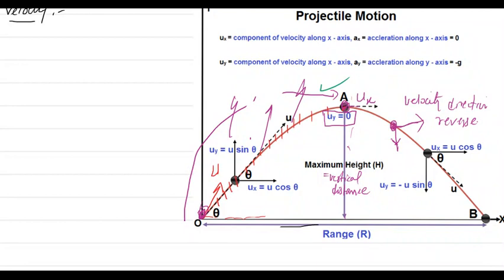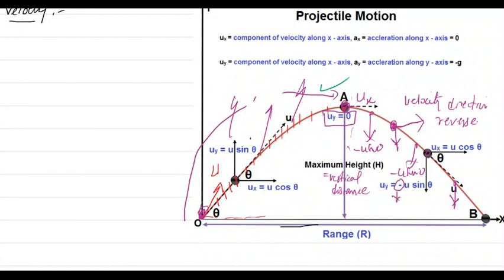But at this point it will be downward, this point downward, this point downward. It means the direction of the vertical component has reversed. That's why it will be minus u sine of theta. Here the minus is just indicating that the direction has changed.